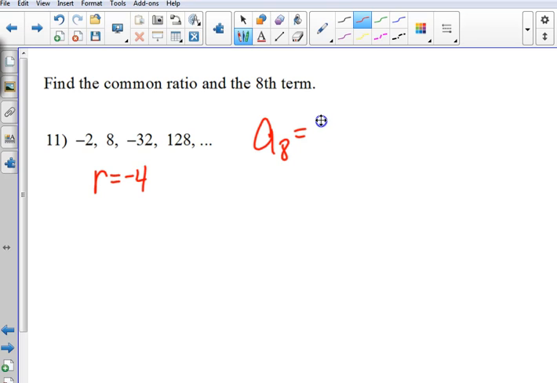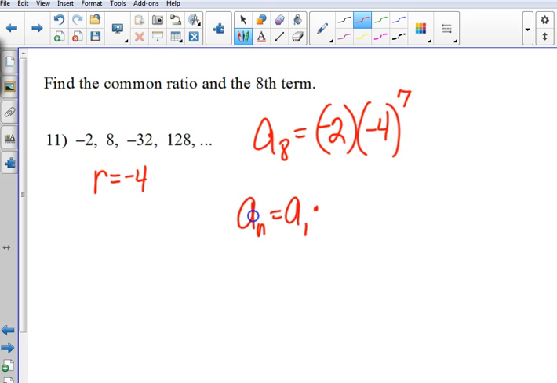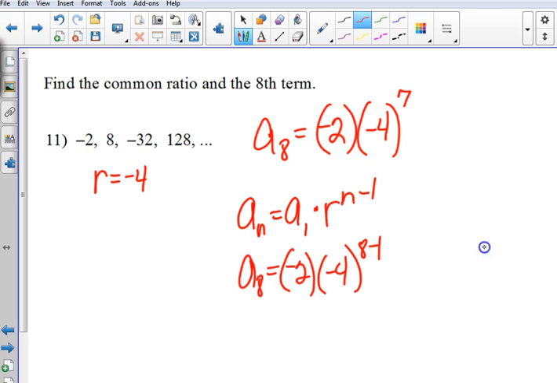We take the first term, and we multiply by -4 how many times? 7 times. Or if you wanted, you could actually put this all in, right? To get the 8th term, you would take -2 times -4, 8 minus 1, or 7 times.